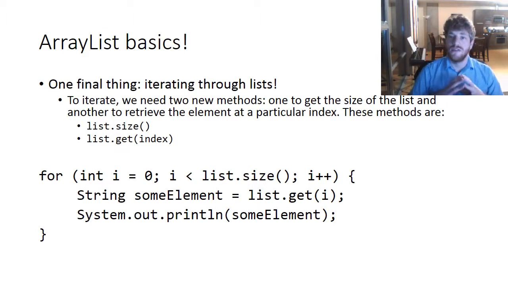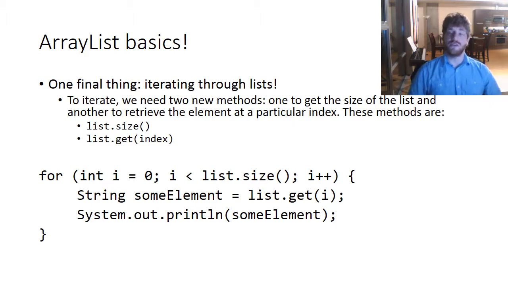Now, just one more piece of new information before we go. So far, we've created lists, we've added to the end, we've printed, we've added at an arbitrary index, we've removed, and done a couple of examples. Now let's talk about iterating through lists.